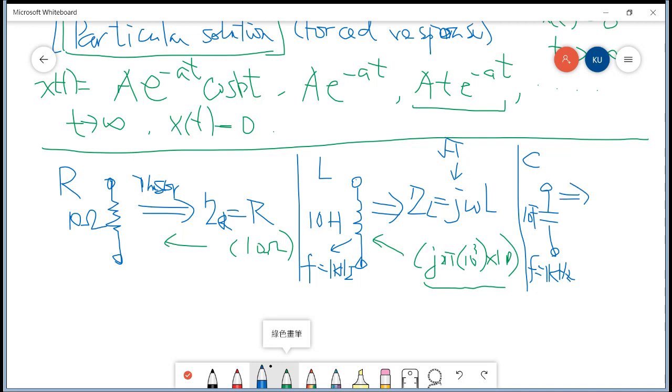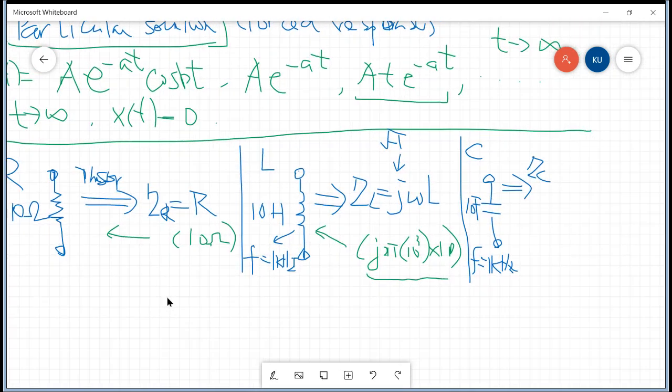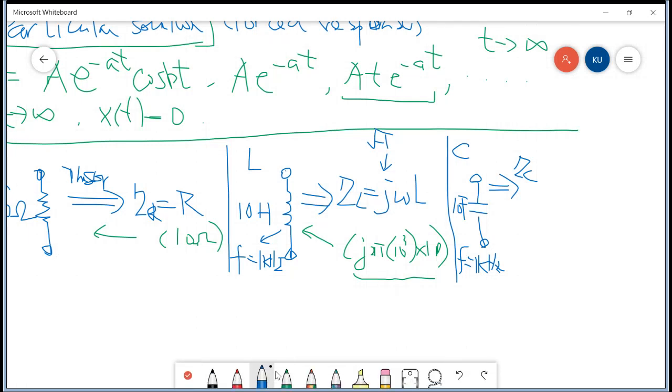Then the phasor of a capacitance will always be 1 over j omega C. So in this case, it will be 1 over j 2 pi times 10 to the third power times 10 femto.